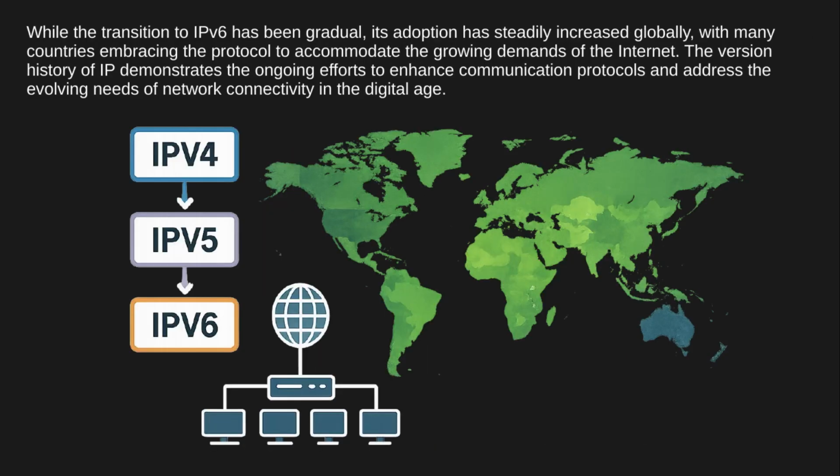While the transition to IPv6 has been gradual, its adoption has steadily increased globally, with many countries embracing the protocol to accommodate the growing demands of the Internet. The version history of IP demonstrates the ongoing efforts to enhance communication protocols and address the evolving needs of network connectivity in the digital age.